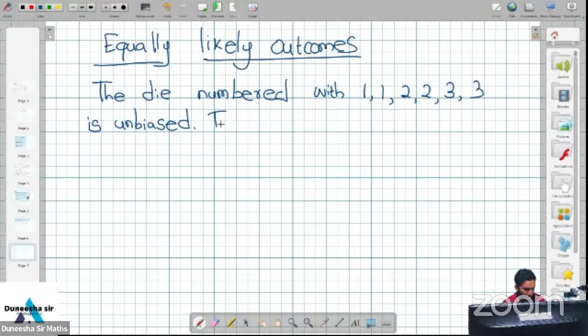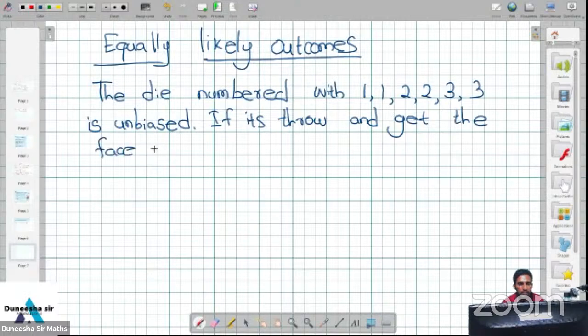If it's thrown and get the face number turn up. Okay.